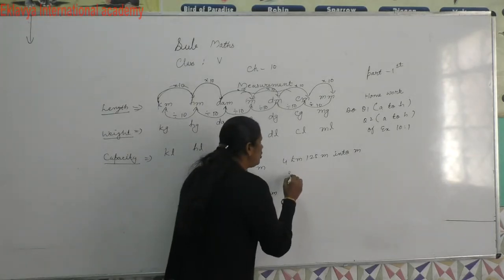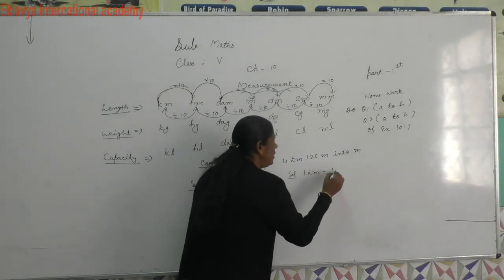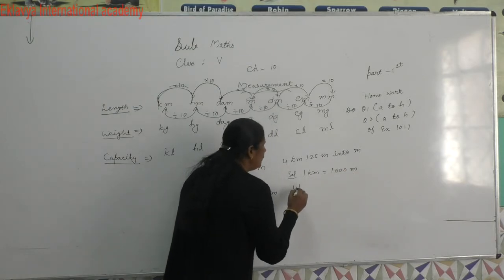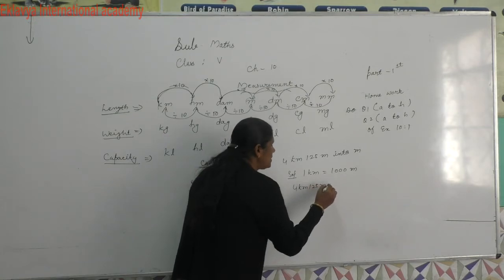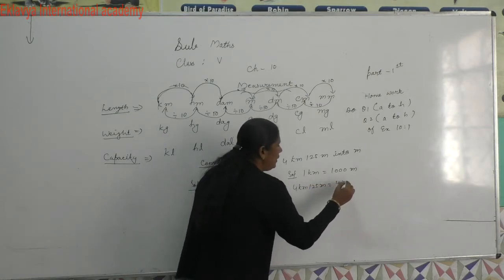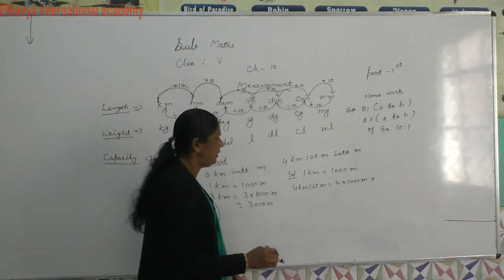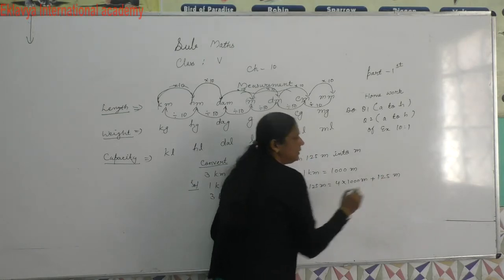Write the solution. 1 kilometer is equal to 1000 meter. We have 4 kilometer 125 meter, which is 4 into 1000 meter plus 125 meter.